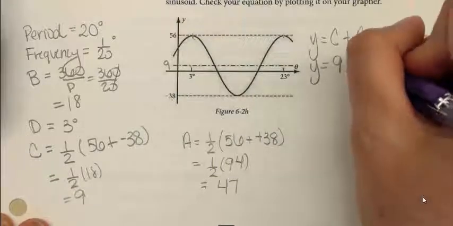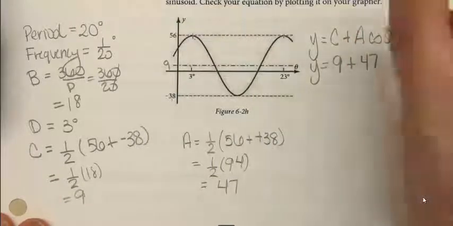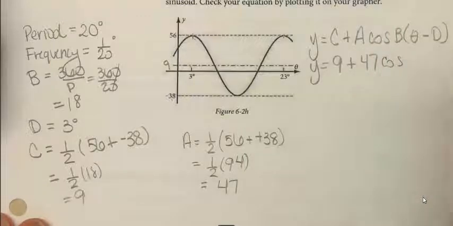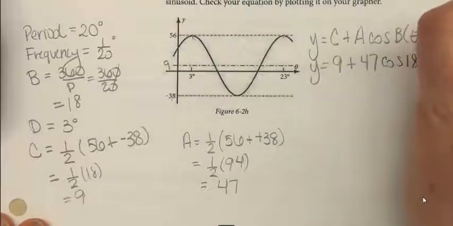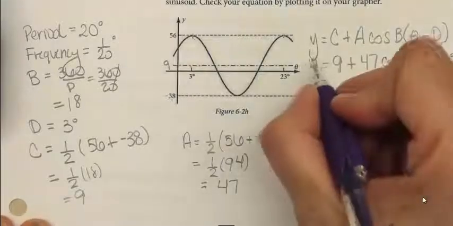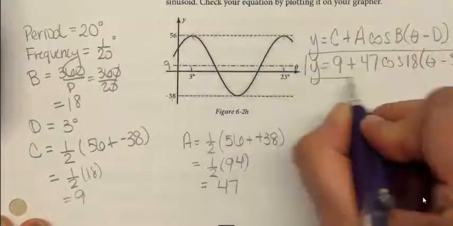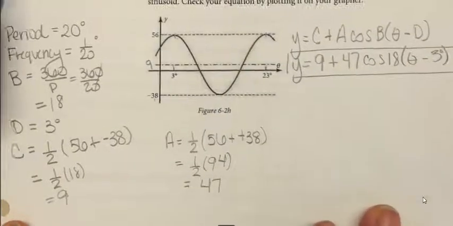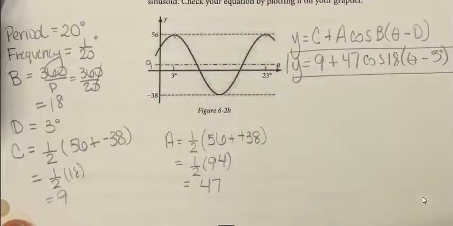Our amplitude was 47. Our B we found to be 18. Theta minus, and our horizontal displacement ended up being 3. This is our final equation. How can you check it? You can graph it on your grapher and make sure that it works.